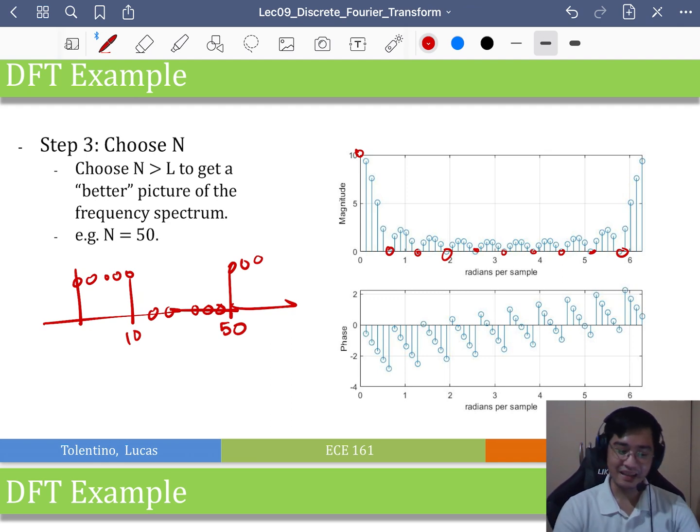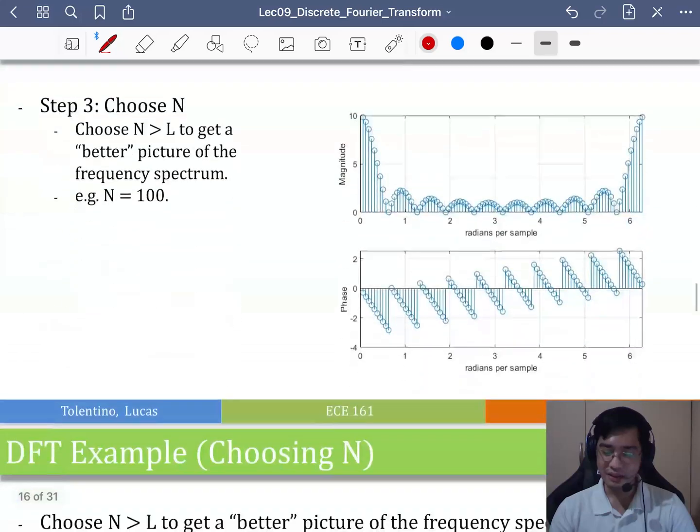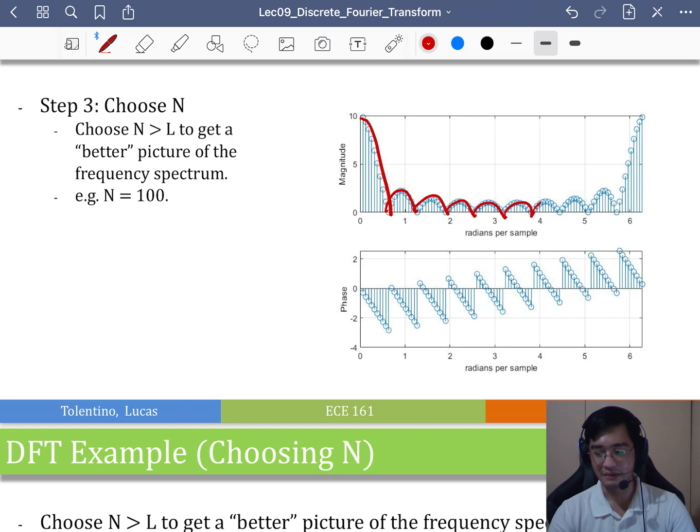So in general, we should choose actually n greater than L. The trade-off here is that we take more samples, so you should have more resources for that. But the good thing here is that we are now getting the original continuous spectrum better, right? This is a sinc function.